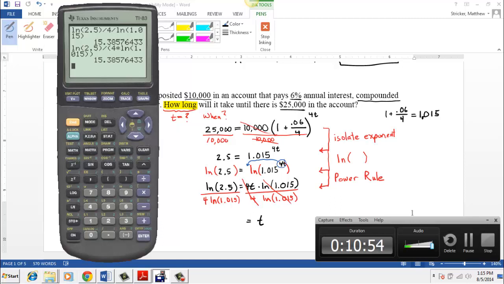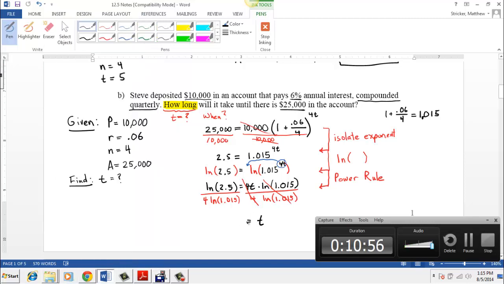So we get the answer is approximately 15.4. So our answer is 15.4 years is about how long it takes for the money to grow to 25,000.